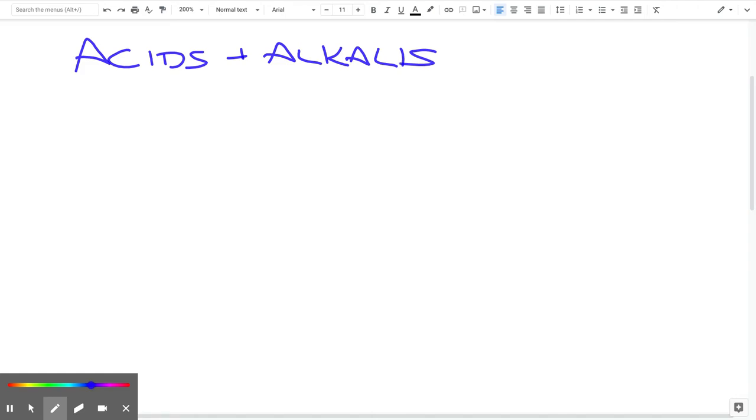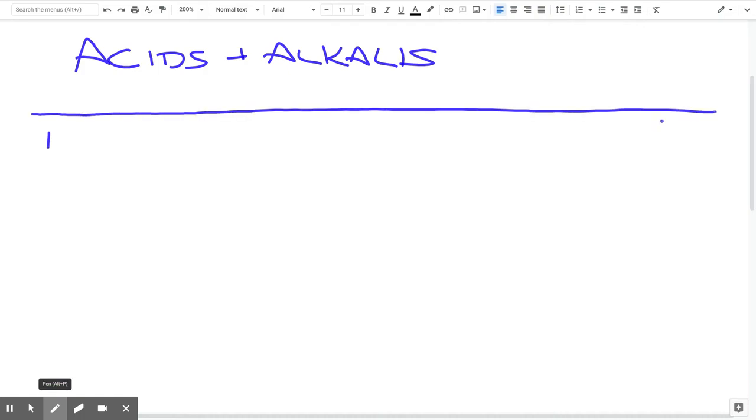Okay, so we've done some acids and alkalis in previous years within school, and this should be just general revision, really. But we know that if we start going from a pH scale of 1 to 14 in its usual sense, we start to have acids and alkalis on one end or the other of the spectrum.